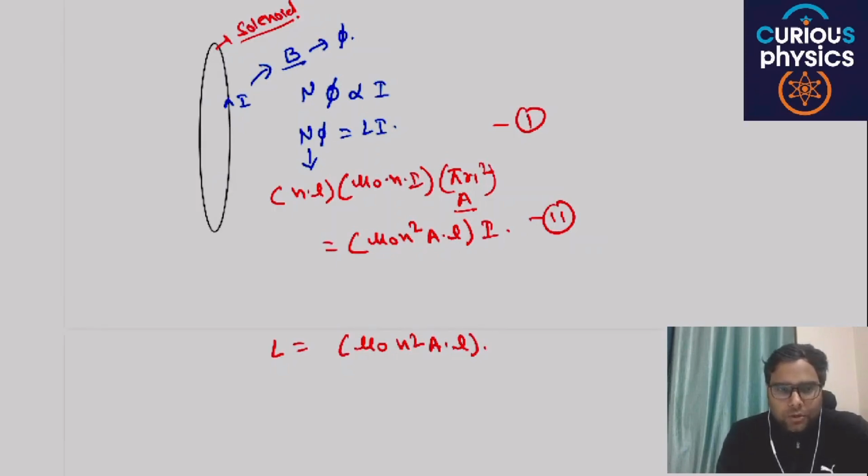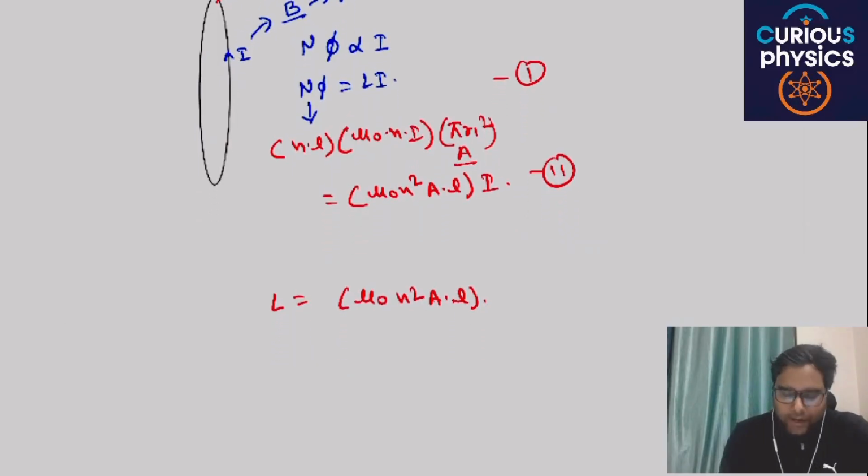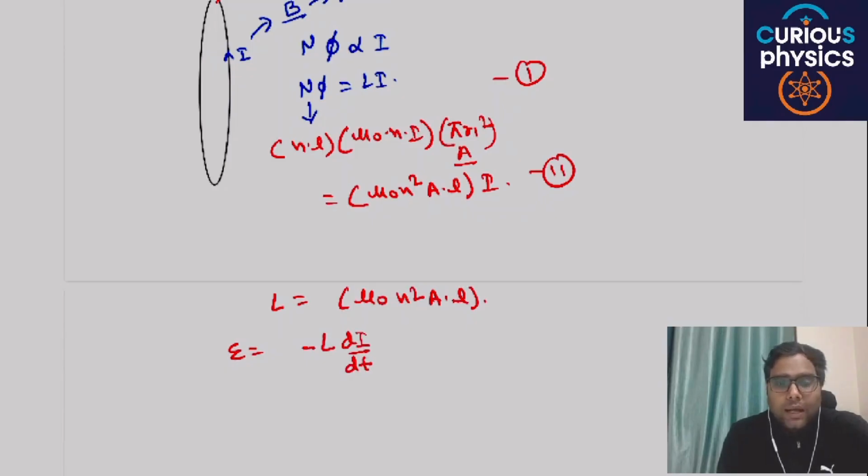Now if you want to find the value of induced EMF in this case, induced EMF will be minus L di by dt. Are you able to understand? I is current, because we have replaced d phi by dt with L into di by dt. Are you able to understand my point or not?